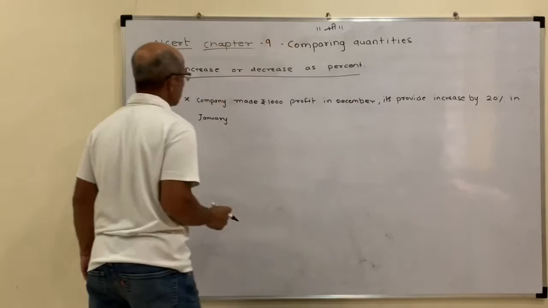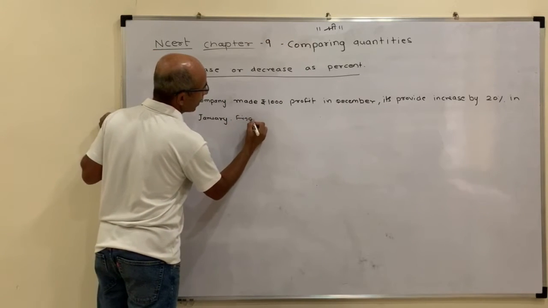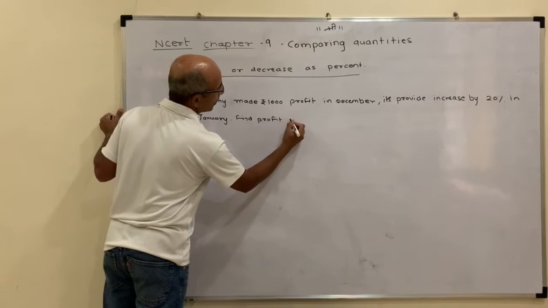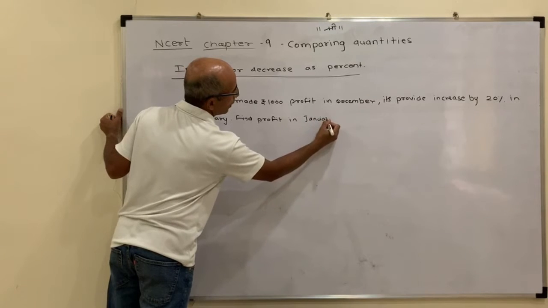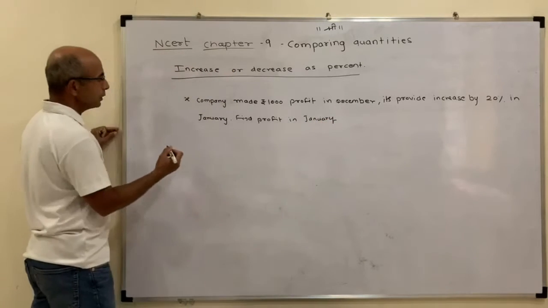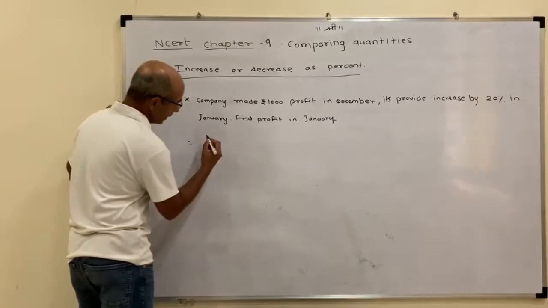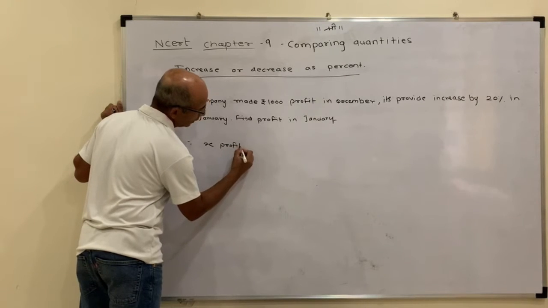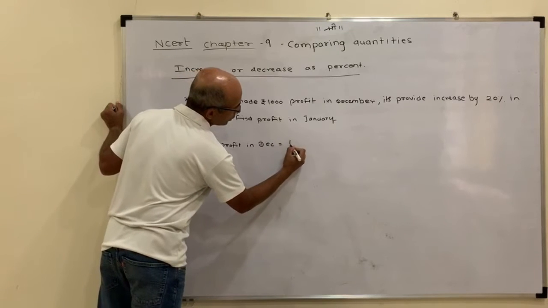So now find profit in January. Now see, the original profit of the X company in December was 1000 rupees.